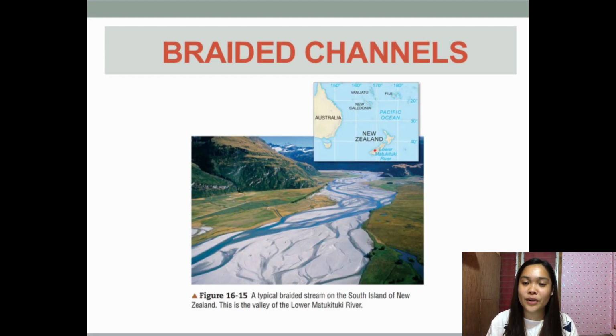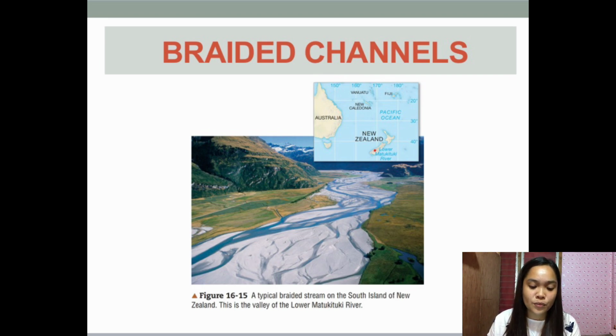And lastly, the braided channels. Braided channels consist of a multiplicity of interwoven and interconnected channels separated by low bars or islands of sand, gravel, and other loose debris.